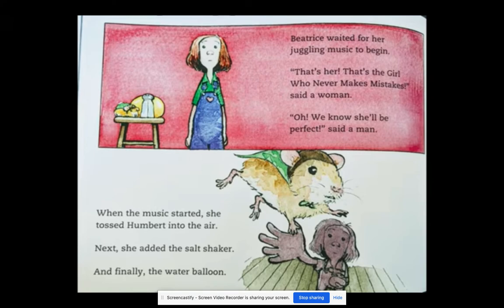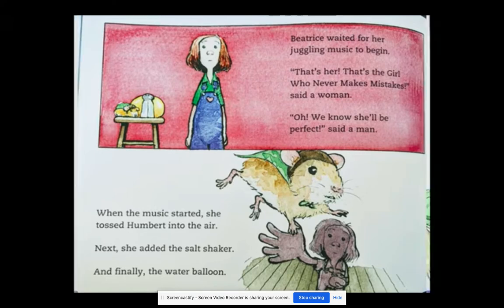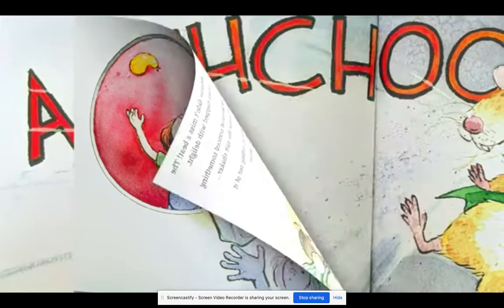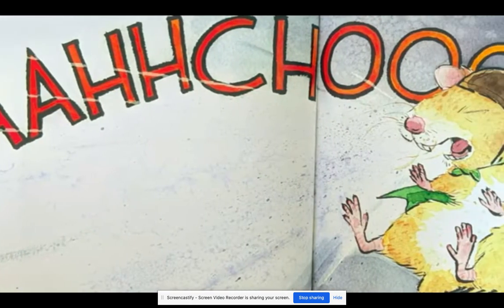Next, she added the salt shaker, and finally, the water balloon. Beatrice didn't miss a beat. The crowd clapped with delight. But Beatrice noticed something odd about the salt shaker. The specks falling out of it were not white. Achoo!